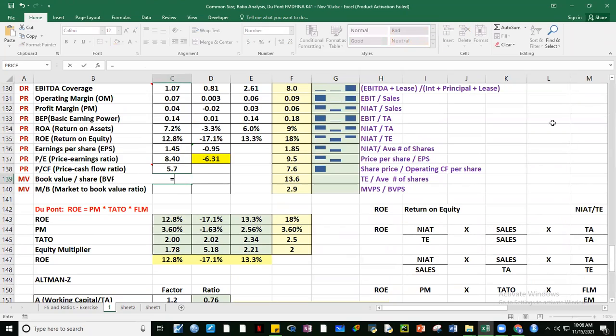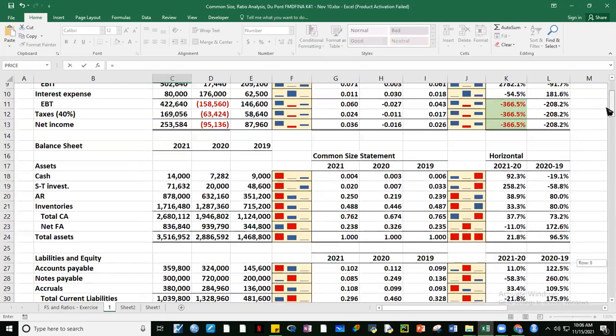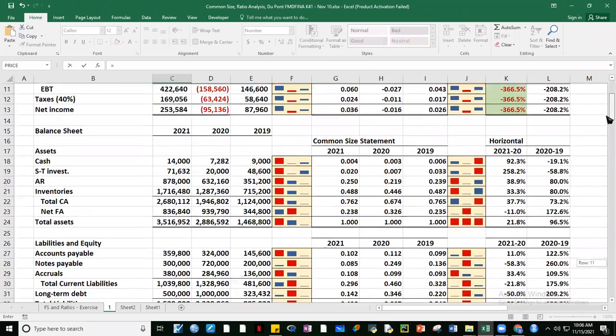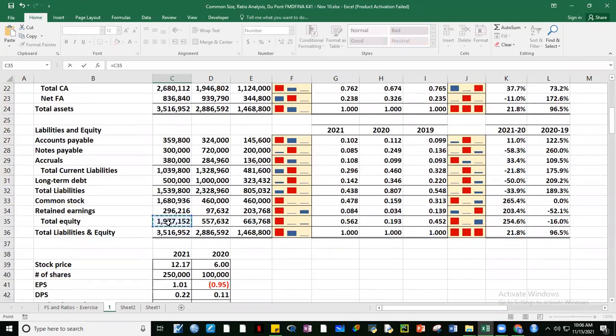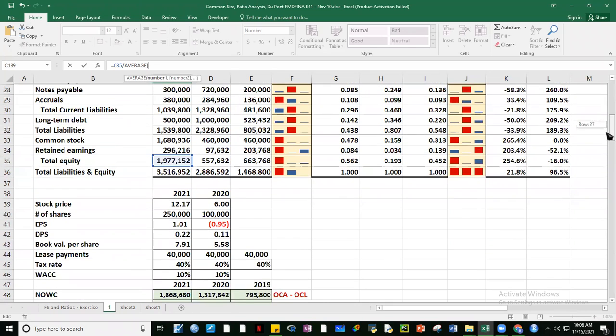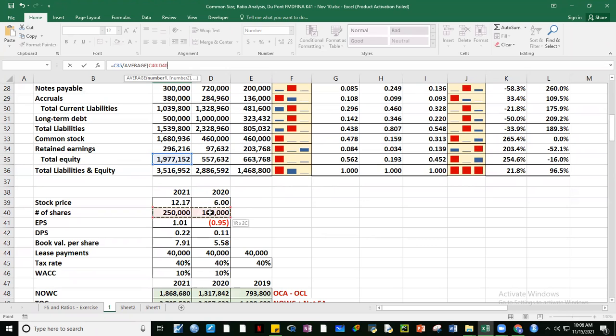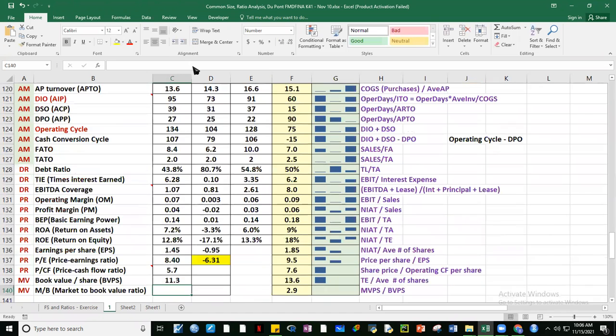So this is equal to total equity. Ito yung total equity natin divided by the average of the number of shares. Control and enter.